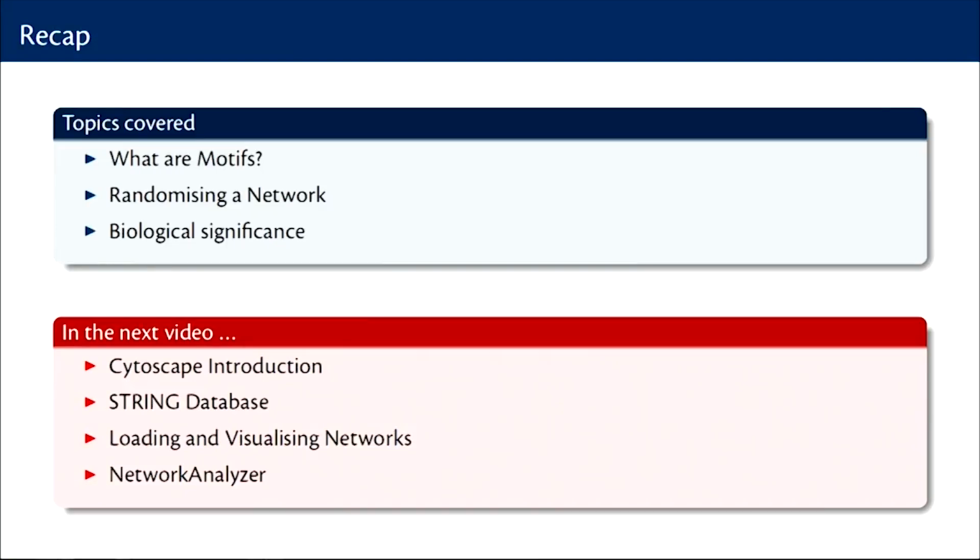I really invite you to go and read a little more about motifs in the book by Uri Alon I just showed. And in the next video, we will move towards a lab session wherein I will introduce you to Cytoscape, talk to you about some concepts of the underlying STRING database, as well as how do you load and visualize networks and use this very interesting Cytoscape tool called Network Analyzer.